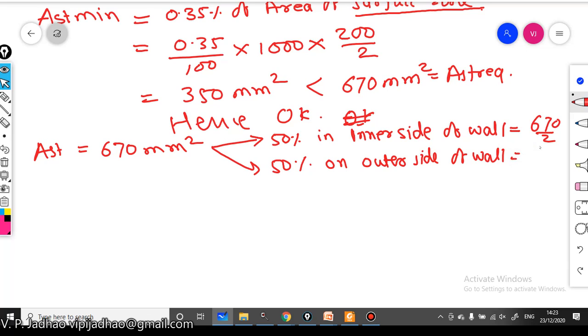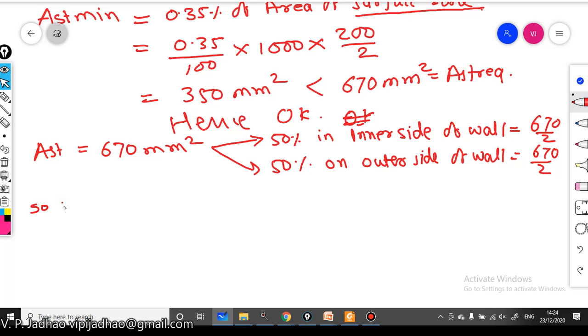So this is equal to 670 divided by 2. If this is your tank wall, then half of the steel AST required will be provided like this, and half will be provided like this. Therefore we have to calculate the spacing now.